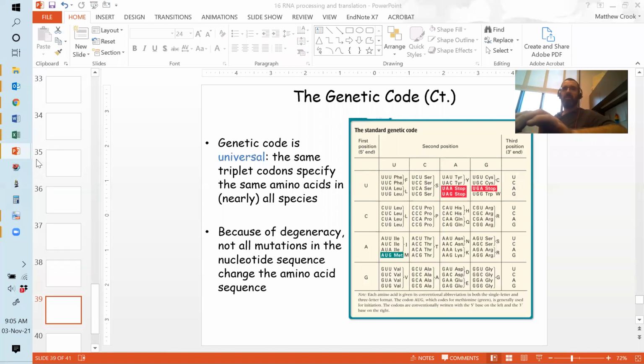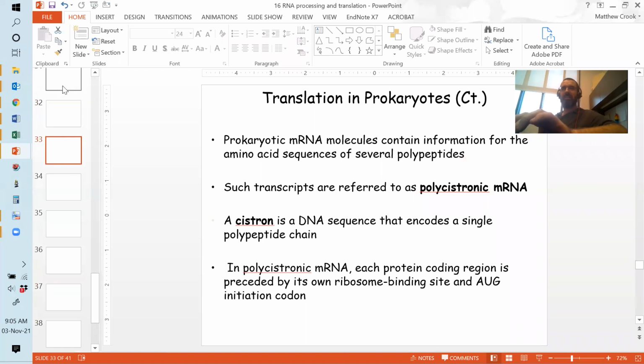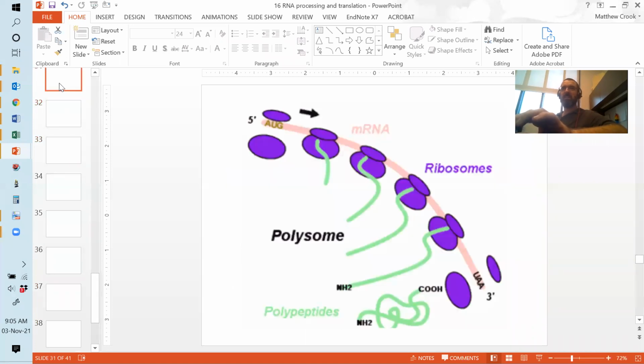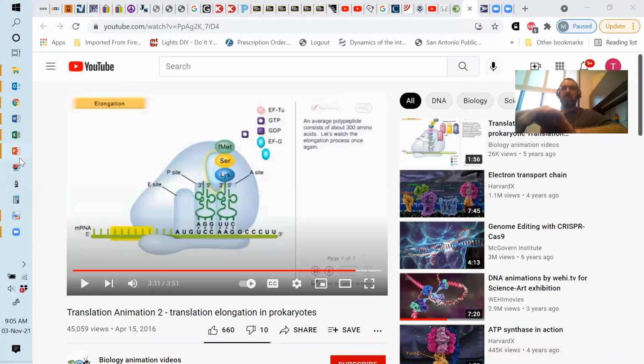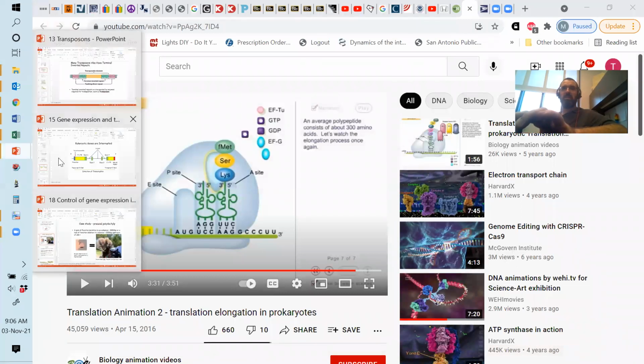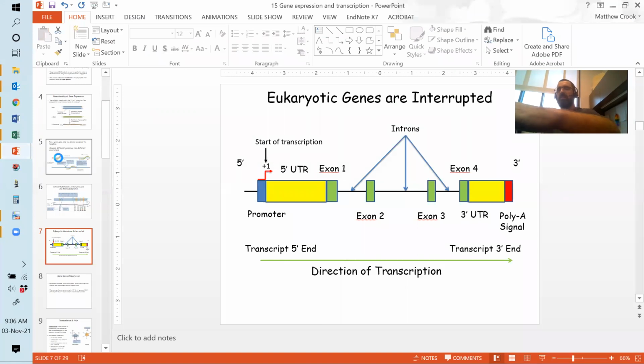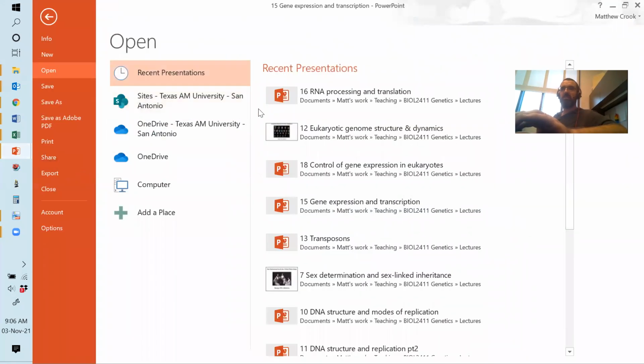And so let's see if I can find my way back. No, this is just going to be a pain. All right, hang on, I'm just going to save this and reopen it because this is just annoying me. I don't know why it's doing that, but it's making life harder than it has to be.